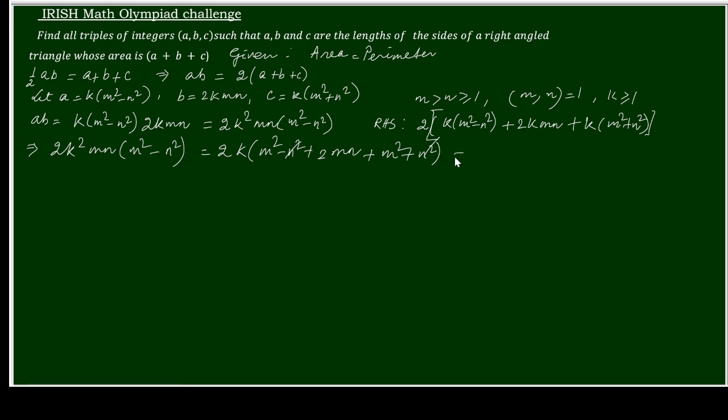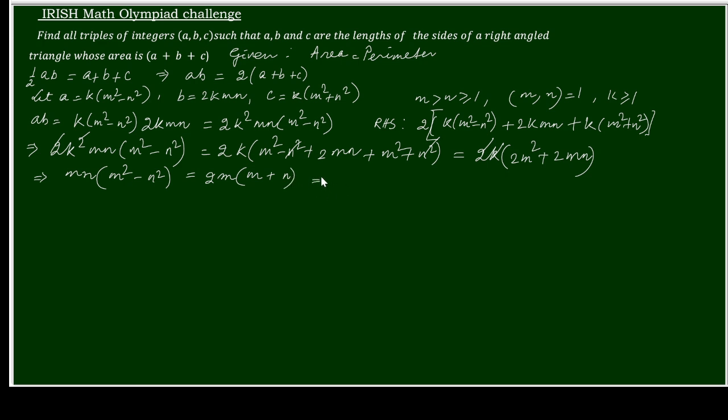So this equals twice K into 2 M square plus 2 M N. So I can cancel 2, one K will be cancelled, and we are getting M N multiplied by M square minus N square equals 2M. I can take common from the right side, so this will be M plus N.